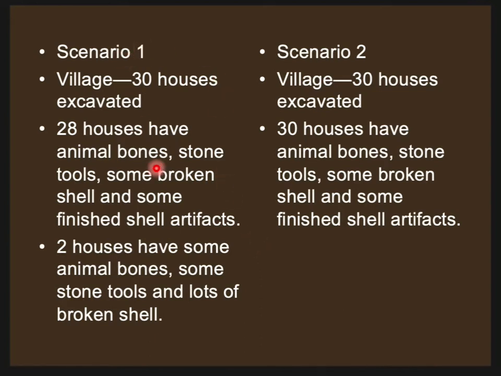So in scenario 1, we have 28 houses that have some finished shell artifacts and a little bit of broken shell, but 2 houses have lots of broken shell. Whereas in scenario 2, all of the houses have pretty much the same thing: some broken shell and some finished shell artifacts.